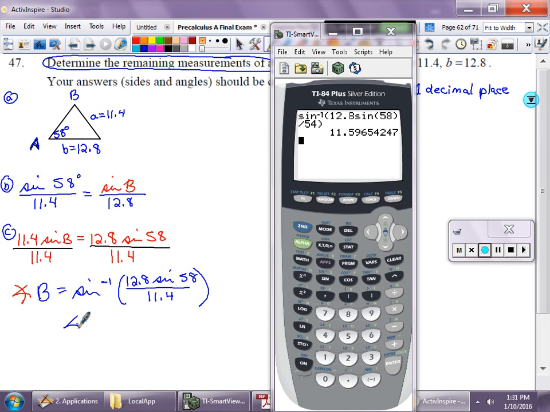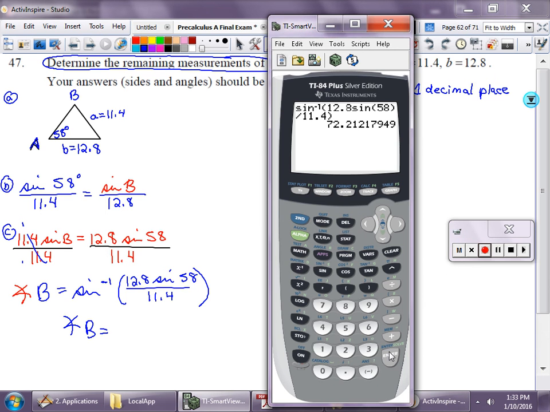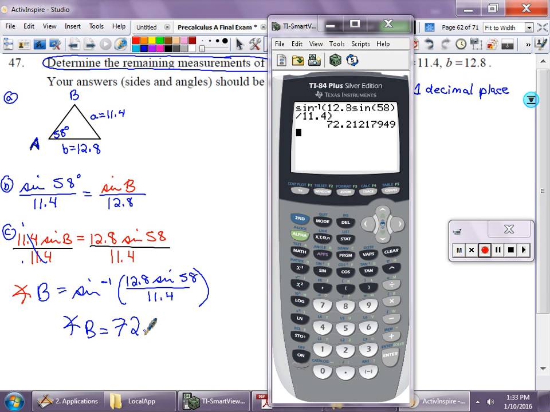Angle B is equal to 11.6 degrees. So be careful. I saw a slight error. I changed it. 11.8. Let's see what that angle B is, which is 72.2 degrees.